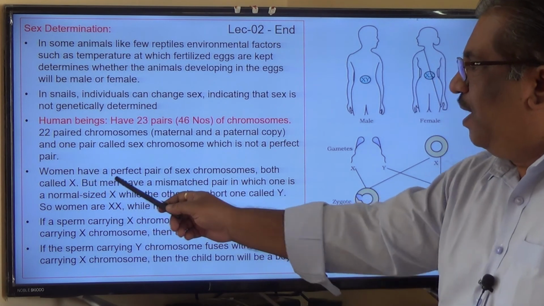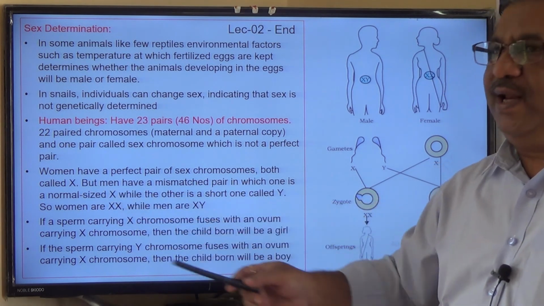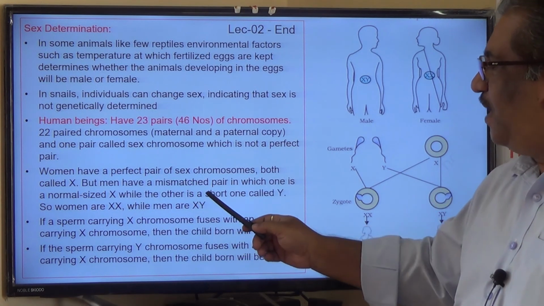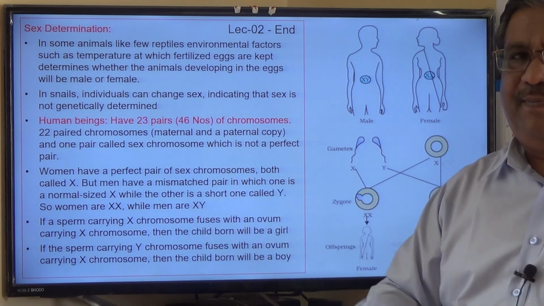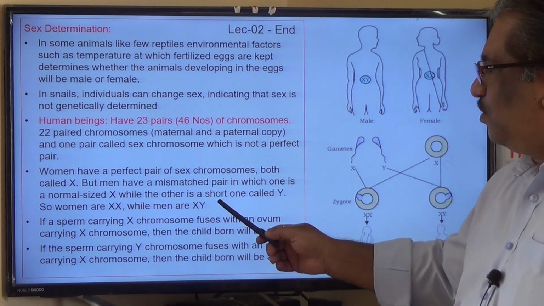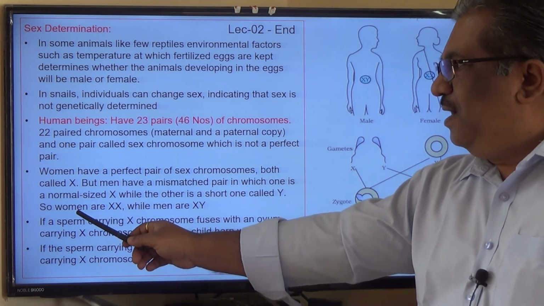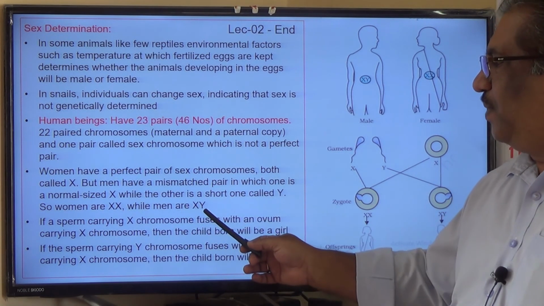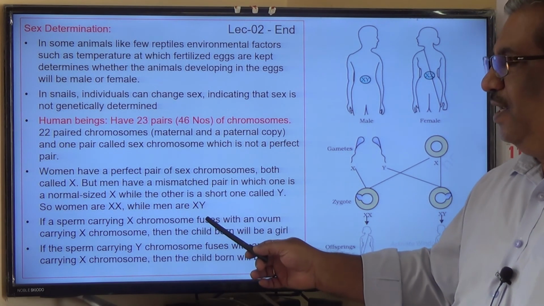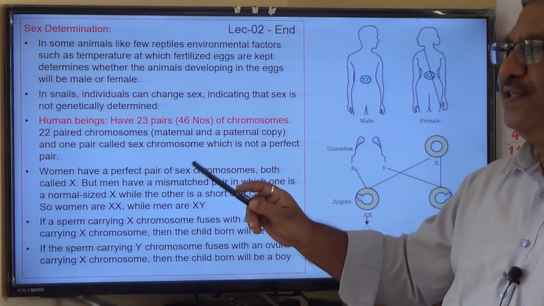Women have a perfect pair of sex chromosomes, both called X, but men have a mismatched pair in which one chromosome is of normal size, represented by X, and another chromosome which is shorter is represented by Y. So generally women are represented by XX and men are represented by XY because of one pair of sex chromosomes which is not a perfect pair.